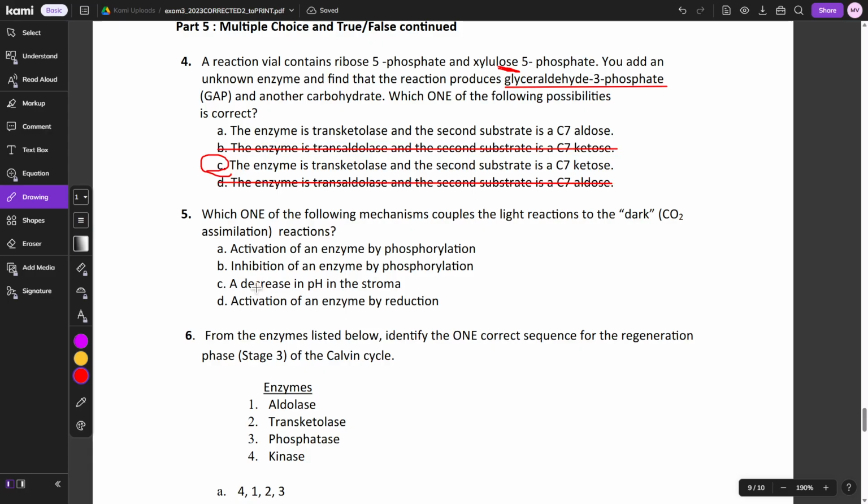And for the light independent reactions, quote unquote light independent, all of those enzymes need to be in their reduced state to be in an active form, right? A lot of them do. I can't remember these. I think fructose 1,6-bisphosphatase has to be reduced. There's a big slide that goes over that. But those enzymes have to be in a reduced state.